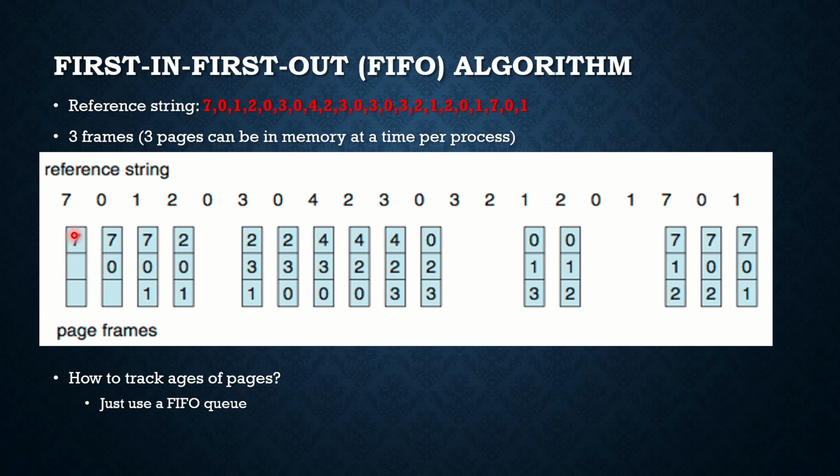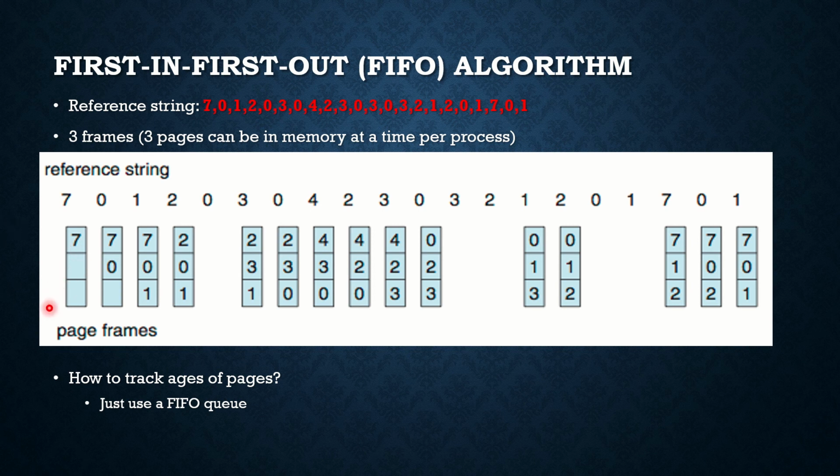In this example, this is the page frame, meaning the memory space, and these are the pages of the process that are coming. We take the example that there are only 3 frames, and 3 frames means only 3 pages of the process can be inserted.